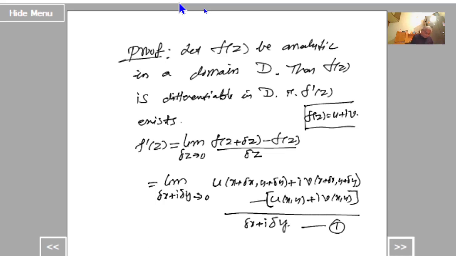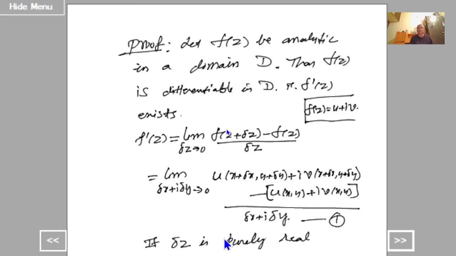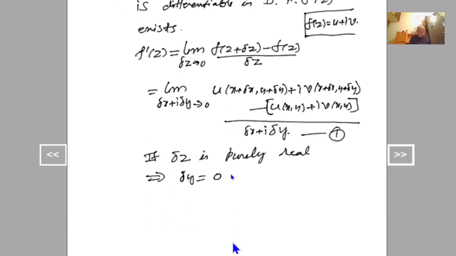Now here, if delta z is purely real, this implies delta y is equal to 0, there is no imaginary term.